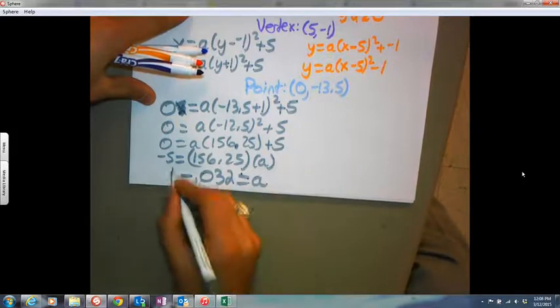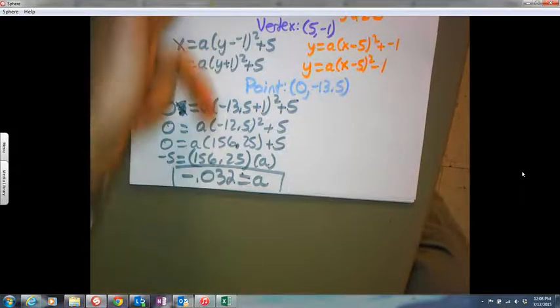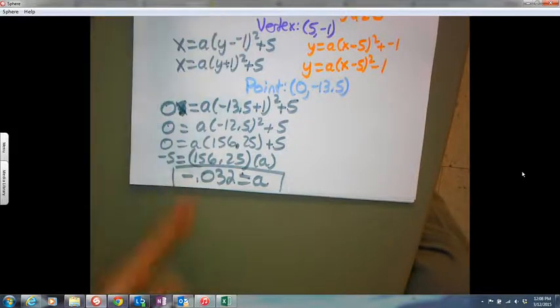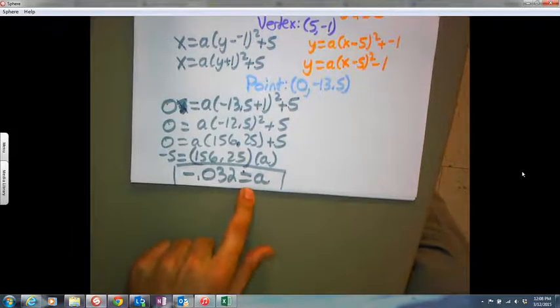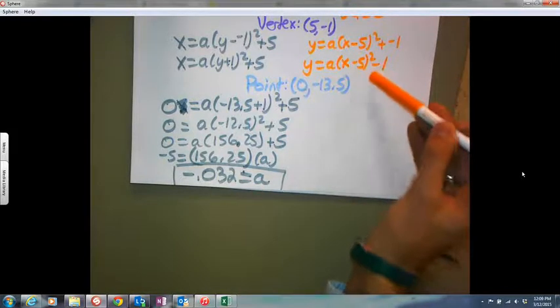Alright. So here we have the a from the horizontal equation. This is a legitimate a because we wanted it to be negative, and it is. Now let's see what happens when we go for vertical. Again, plug the point in.